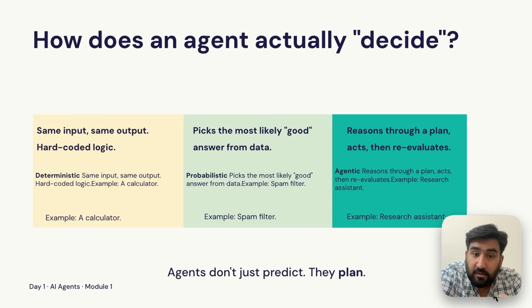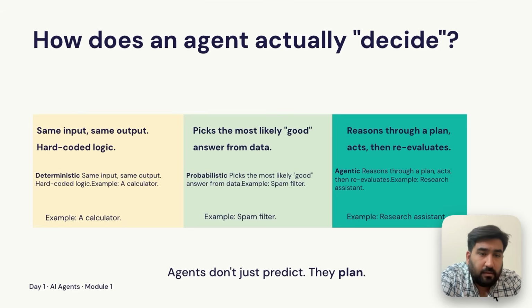It is not a single-shot prediction. It is a loop of reasoning that keeps adapting as it goes. This is the real difference. A machine learning model just predicts once and it is done. An agent plans, acts, observes and replans continuously.